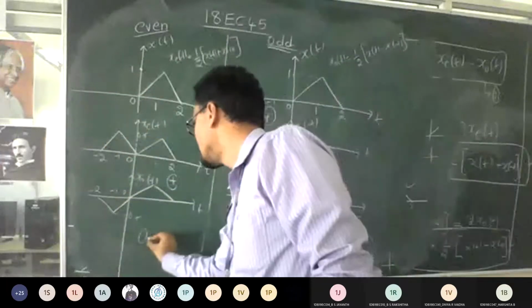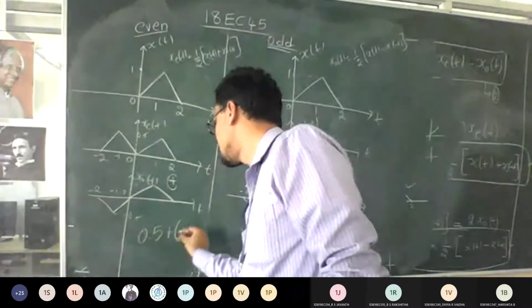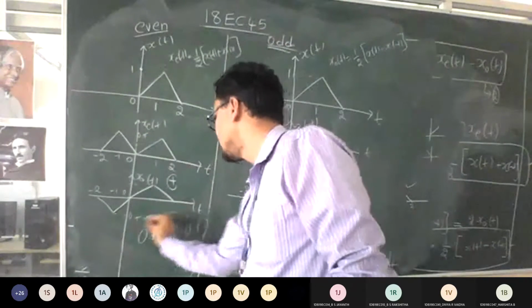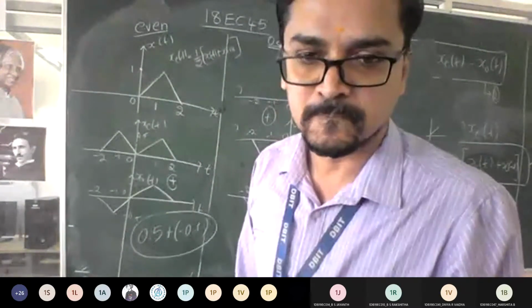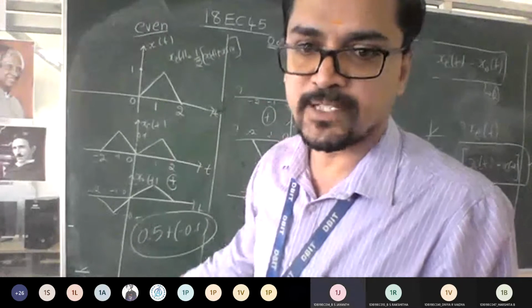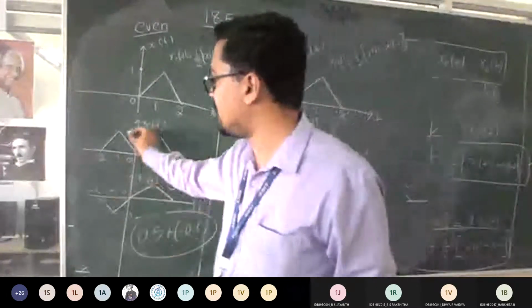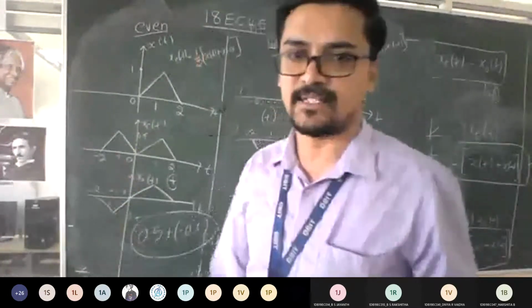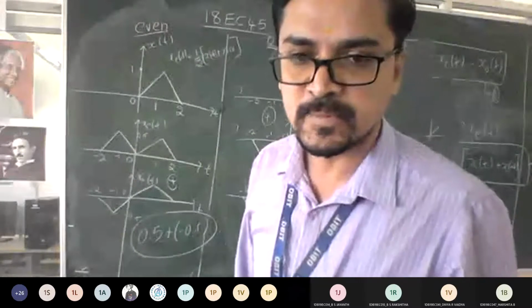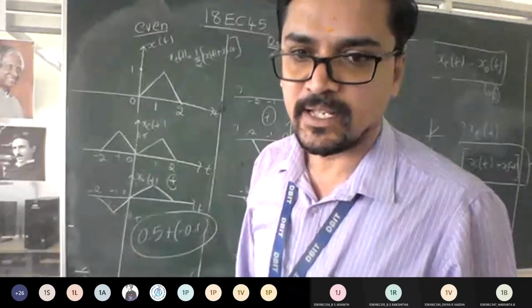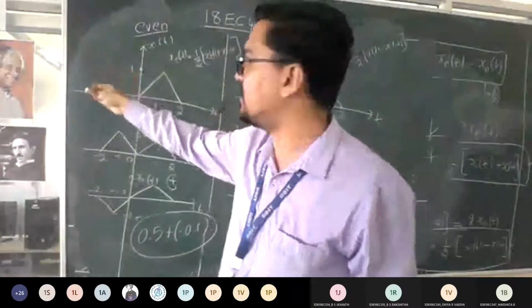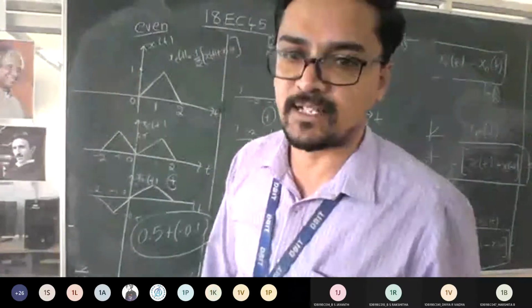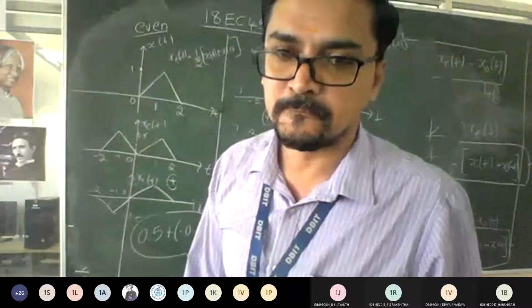Did it cancel? Yes, sir. So if the amplitude gets cancelled, in the same way the signal gets cancelled. Agree? Yes, sir. So that's why towards your LHS, I mean towards your negative half cycle, there is no existence of the signal itself. Is it understood?